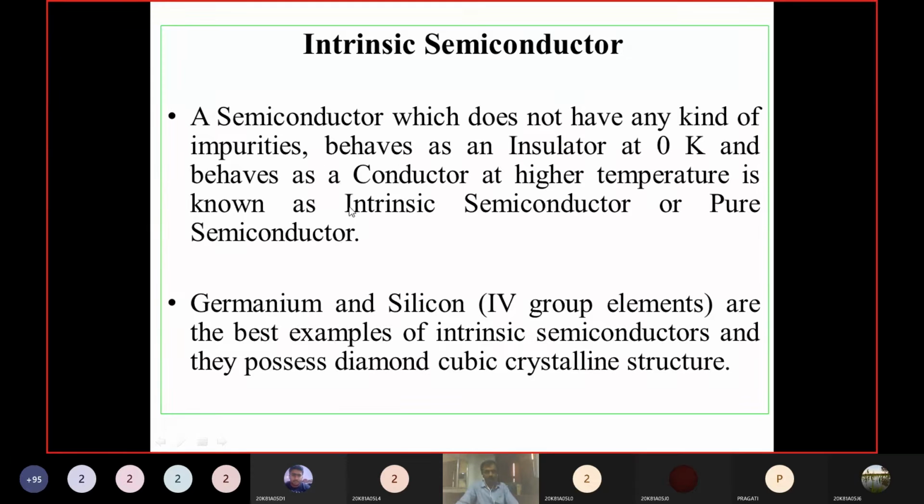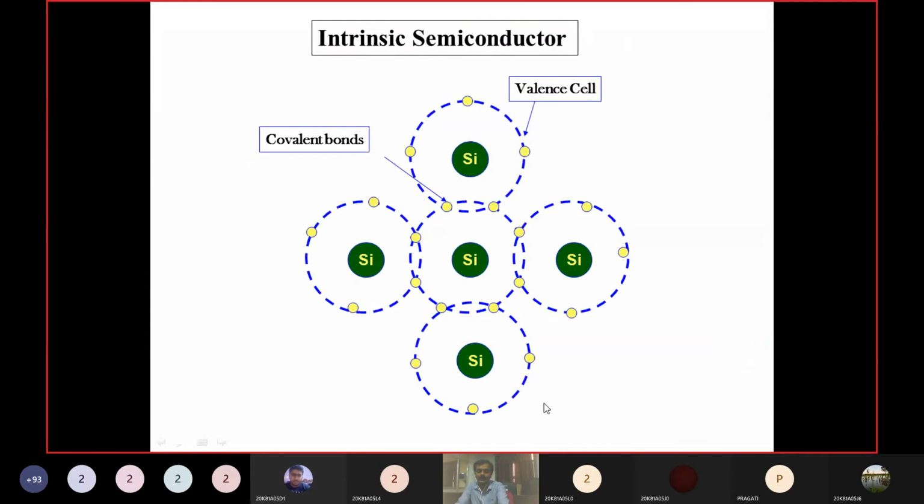Examples are fourth group elements. Germanium and silicon are the best examples of intrinsic semiconductors. The structure is a diamond cubic structure.